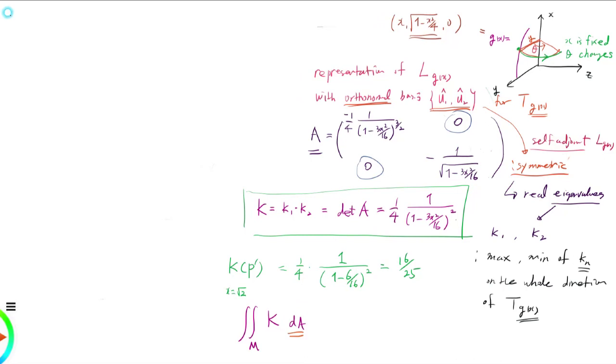To figure out the element of area, the A, on the surface of revolution case. So there's a generating curve. We called it the g of x here, and we rotated it through the x-axis by theta.